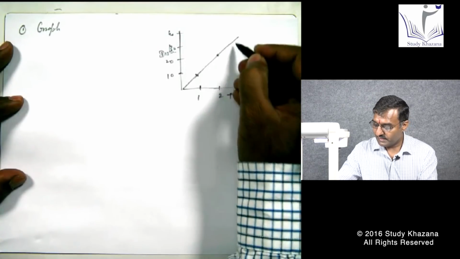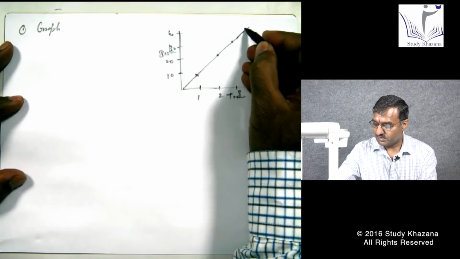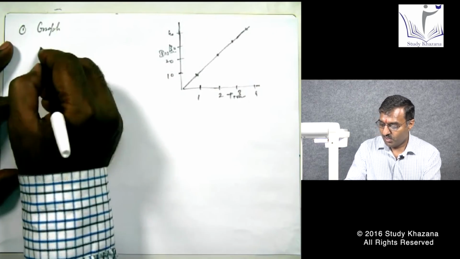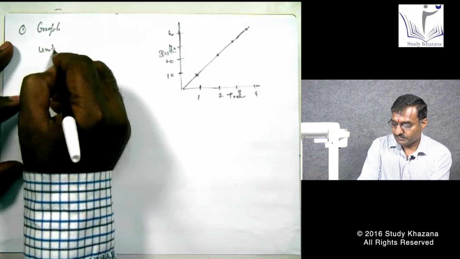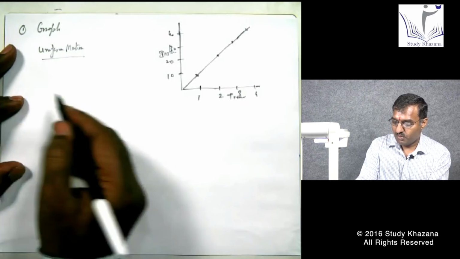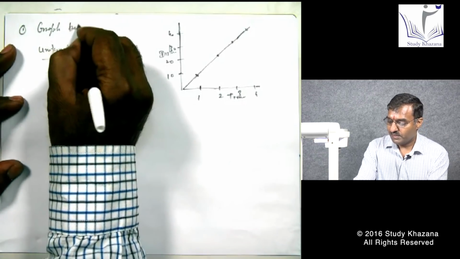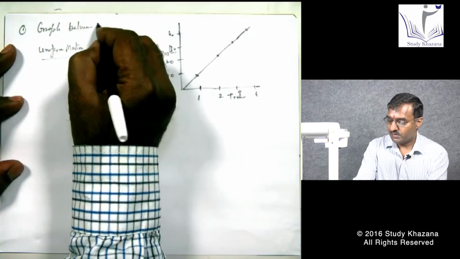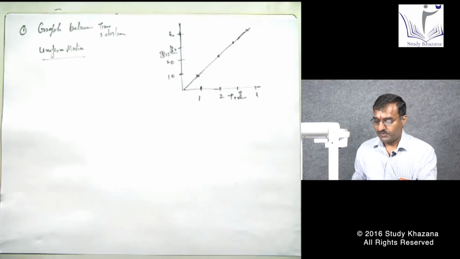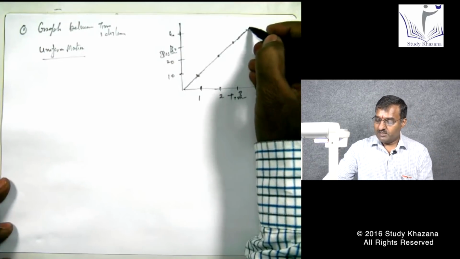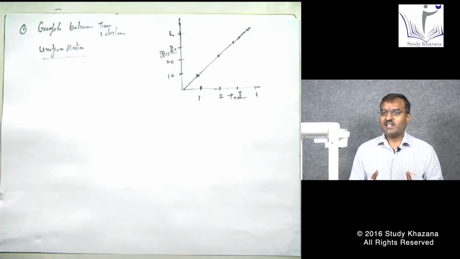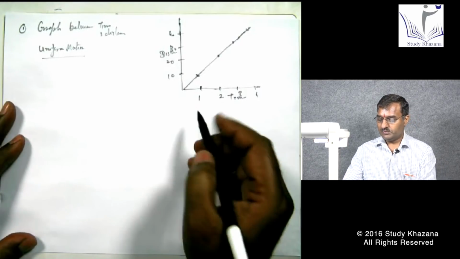So the graph of a uniform motion, or constant motion, between time and distance will always be a straight line, because here the distance traveled is proportional to time.